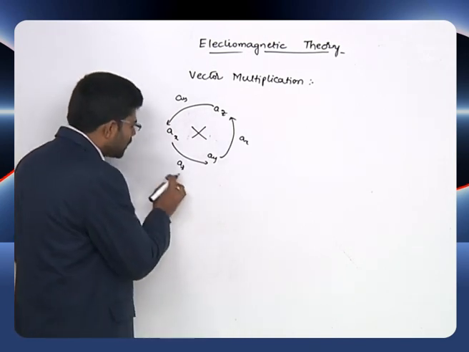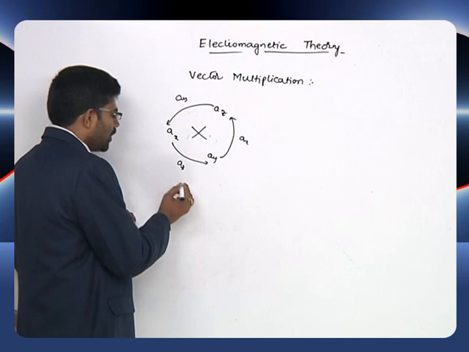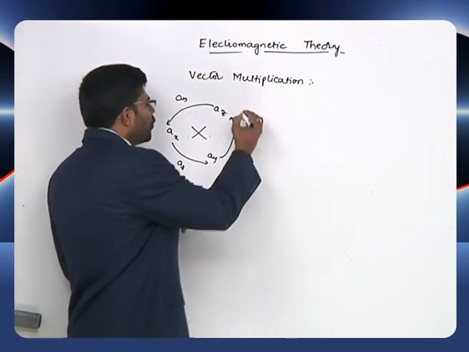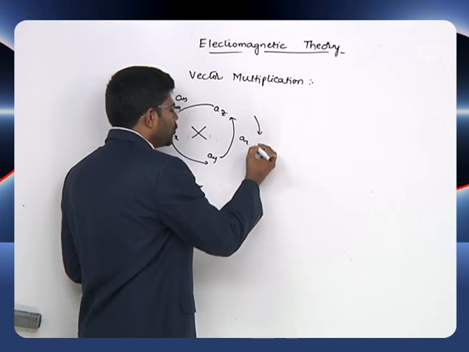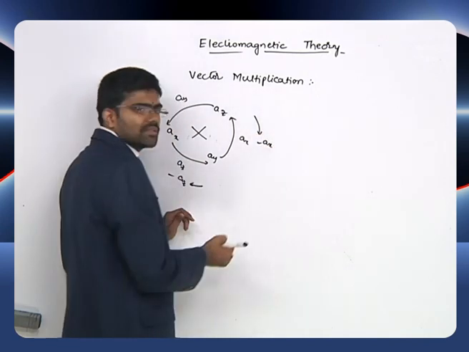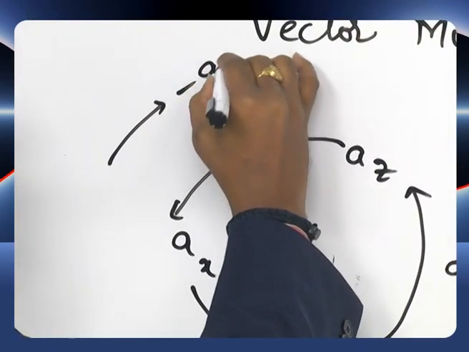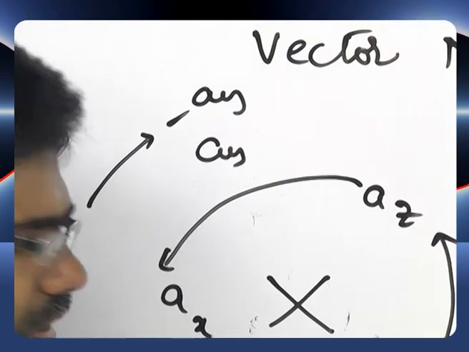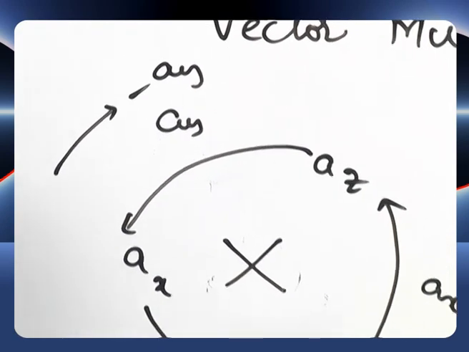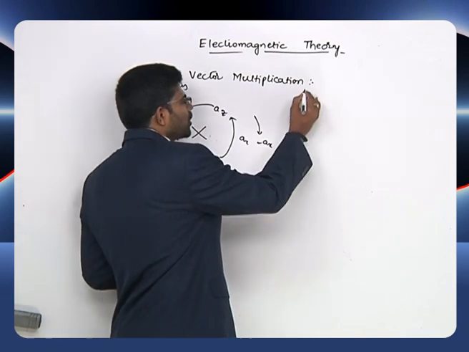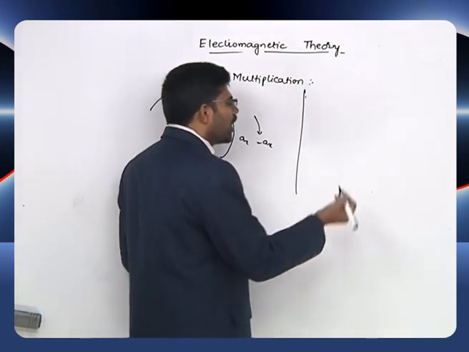If you are moving like this, that is a_y cross a_x, then what we get is minus a_z. If you are moving from z to y, what we get is minus a_x. If you are moving from x to z, what we get is minus a_y. So this is a very simple circle. If you remember this simple circle representation, then you can easily find the cross product between all the unit vectors for all coordinate systems.